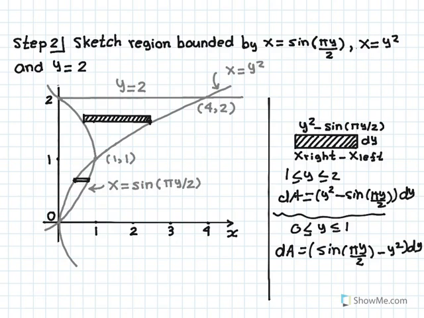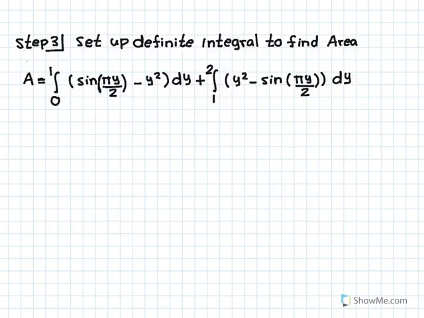All right, so now we have to set up a definite integral to find the area. That's going to be area is equal to the integral from 0 to 1 of x right minus x left. Now, when y is between 1 and 2, it switches. Now x right is y squared and x left is sine of pi y over 2. So let's split up the integrals and solve.